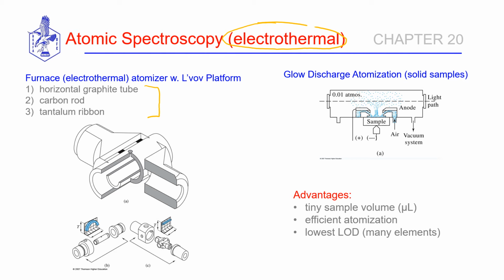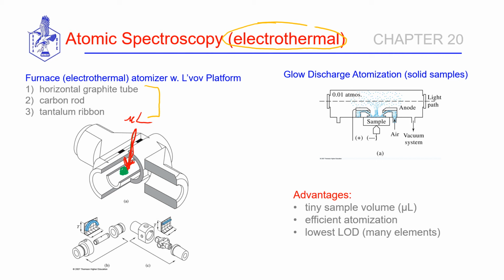So basically, the huge advantage with using this as our heat source is that we introduce very tiny droplets of our sample onto the graphite tube. There's a little hole here, so you would use a syringe of some kind to draw up just a few microliters of your sample and put that tiny droplet in there.